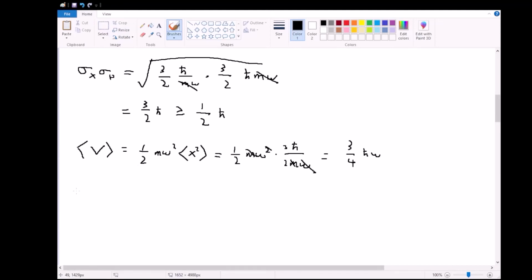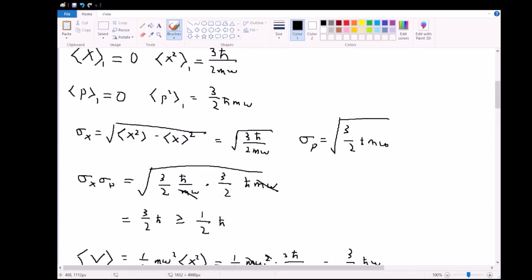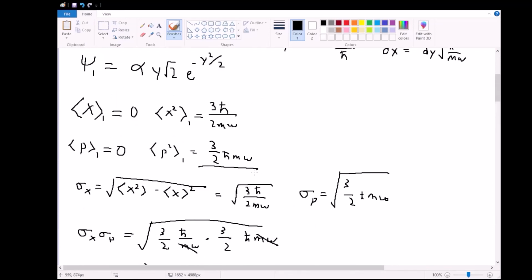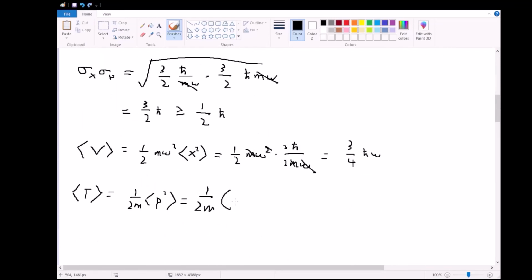Next, for t, this is equal to 1 over 2m times the expectation value of p squared. This is going to be equal to 1 over 2m. Then we know the expectation value of p squared is 3/2 h bar m omega, so 3/2 h bar m omega.